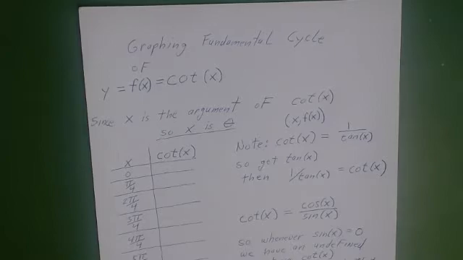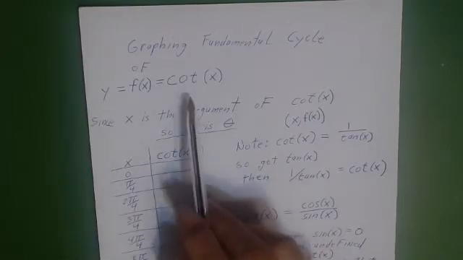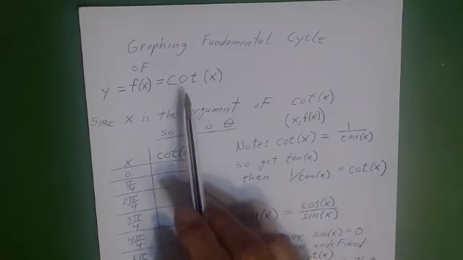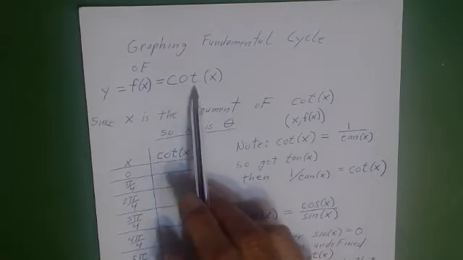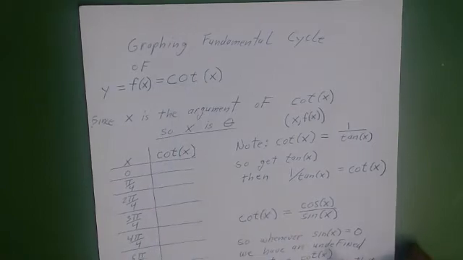Since we already know the shape of a sine or cosine function, we can do a pretty good quick approximation of what the values would be between those points. But with cotangent, it's more complicated, right? And even with tangent. And why is it a little more complicated?